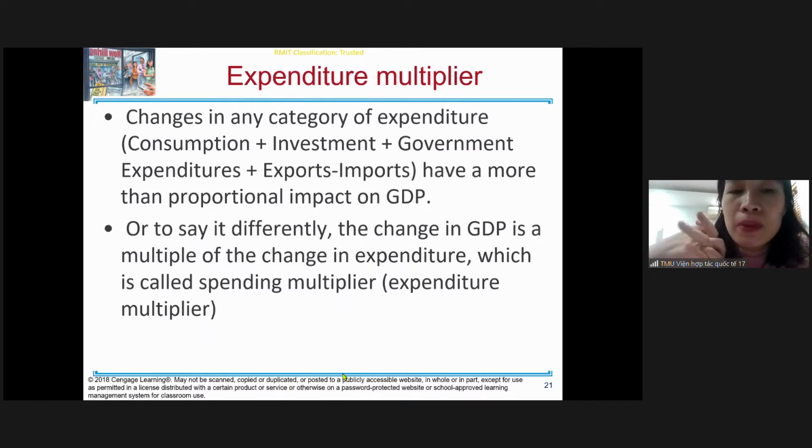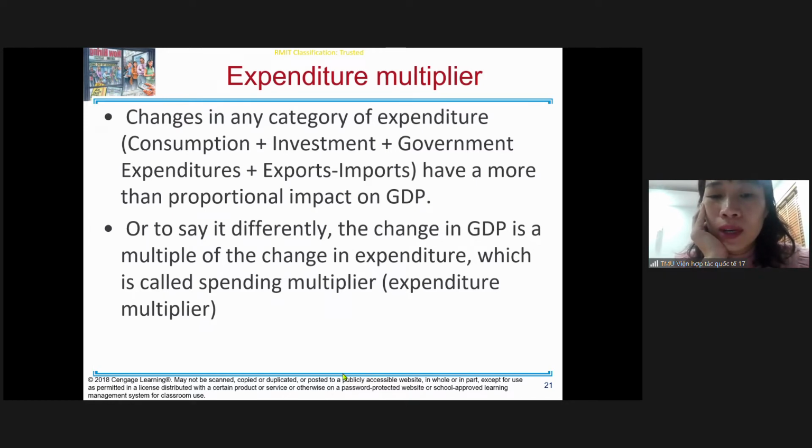Government expenditure is made by the government, and export and import is the expenditure on export. So if any of those categories increases or decreases, it will lead to a change in GDP, and how much the change is depends on the multiplier.